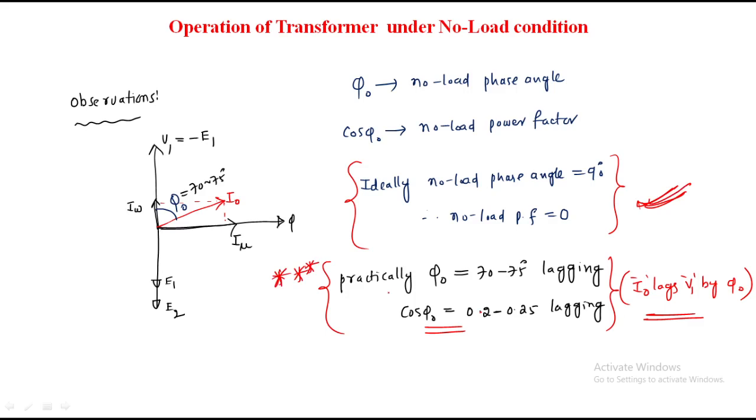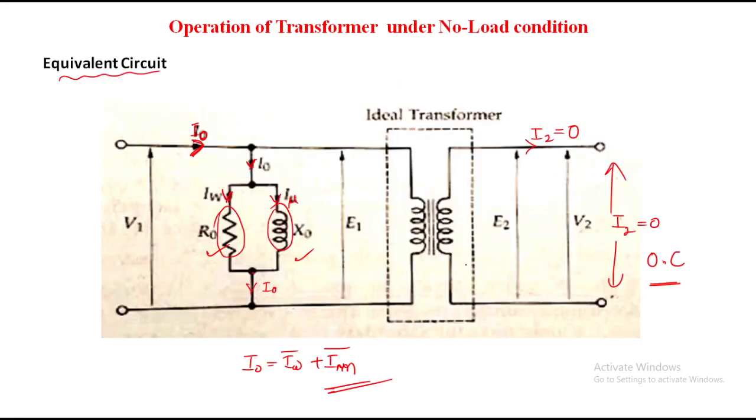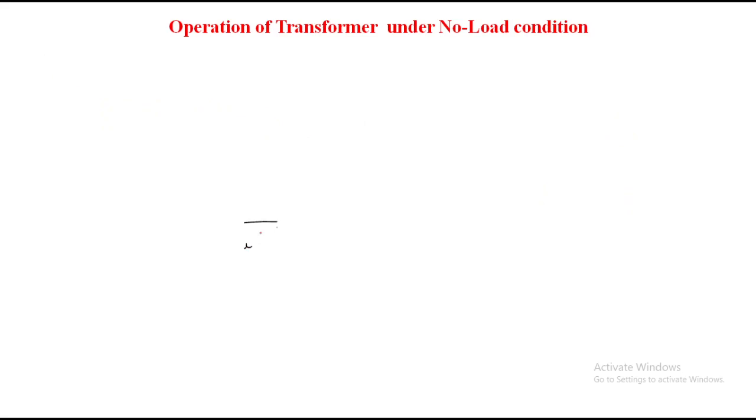And one more important observation: these two are connected in parallel, right? So one more observation, that is, you can write that I naught should be the vector addition of IW and I mu.